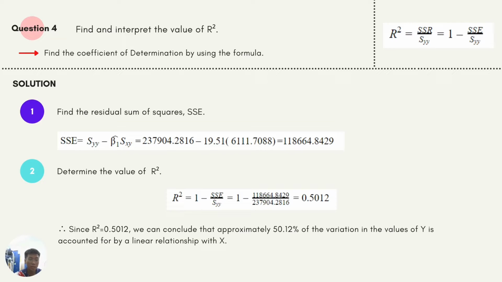With this number, we can determine the value of r squared. It is 0.5012. Since r squared is 0.5012, we can conclude that approximately 50.12% of the variation in the values of y is accounted for by a linear relationship with x.